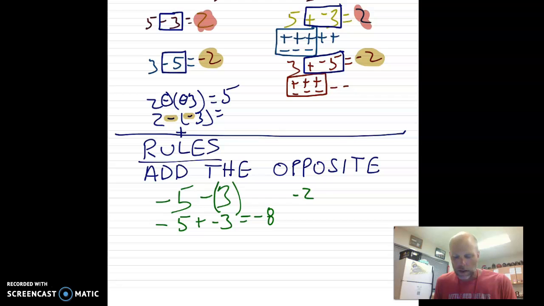-2 minus a -1. Let's not minus a negative. Let's add the opposite of something. Okay? So we start with a -2. We're going to take out that minus and we're going to add instead. And then we're going to change it to the opposite of -1. What's the opposite of -1? Positive 1.